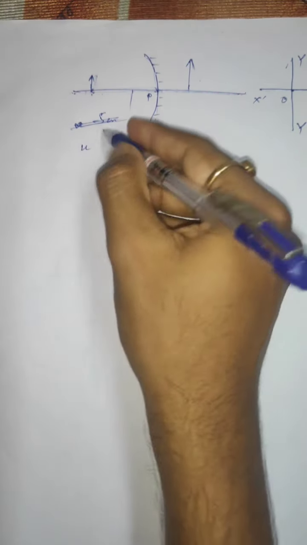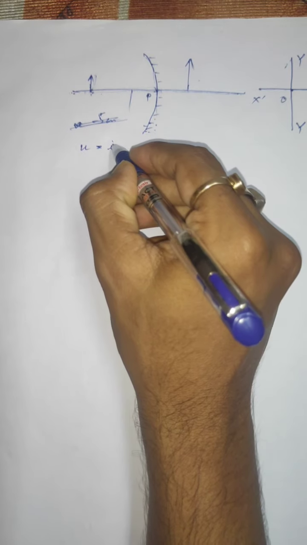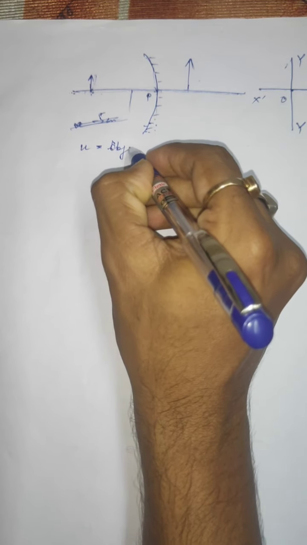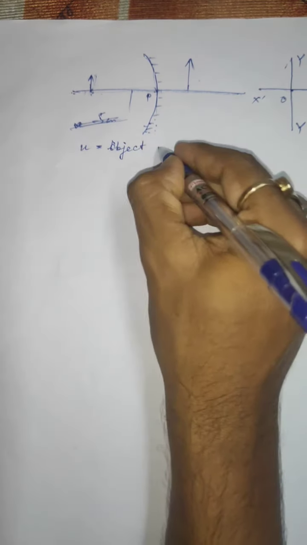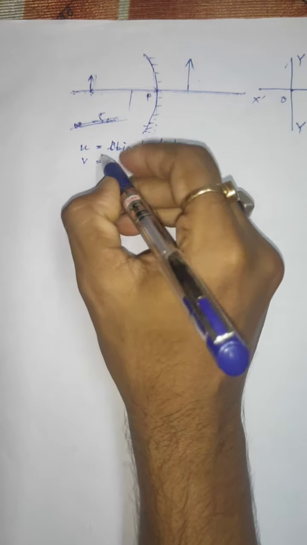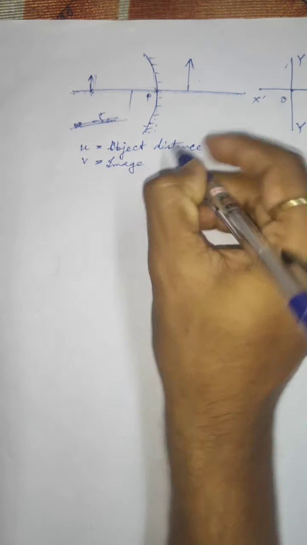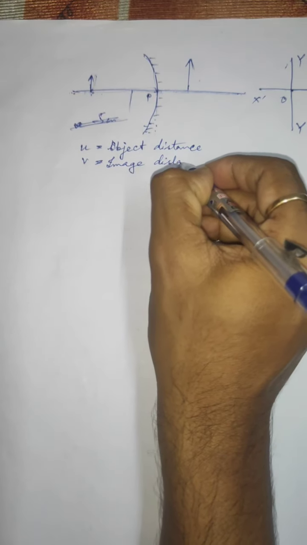Now see, u is the symbol usually denoted as the object distance, and v is taken as the image distance. f is the focal length.